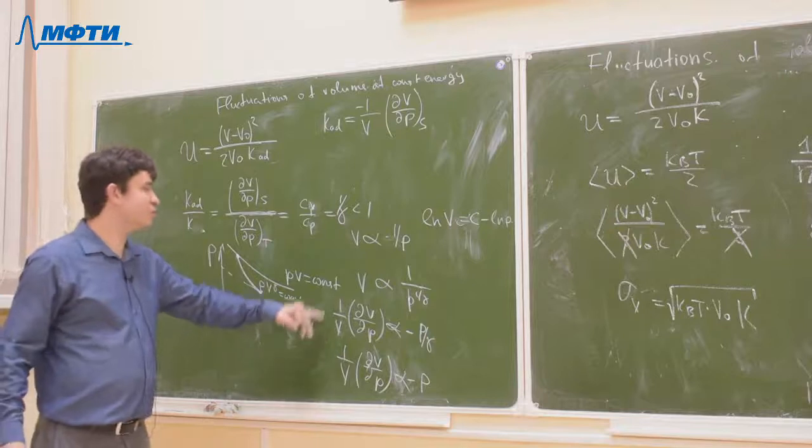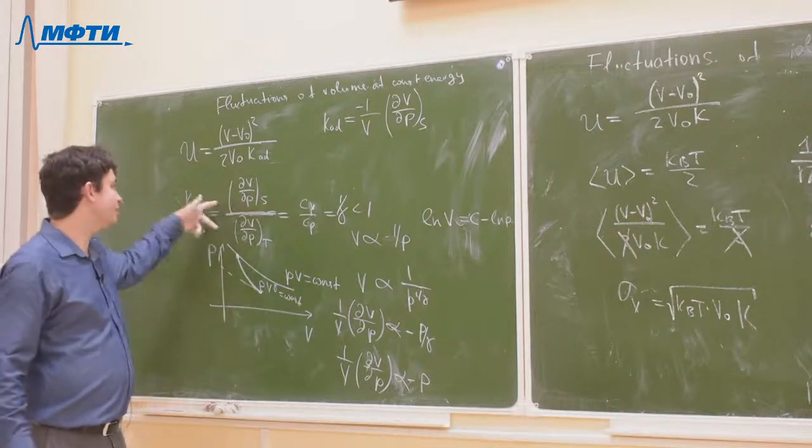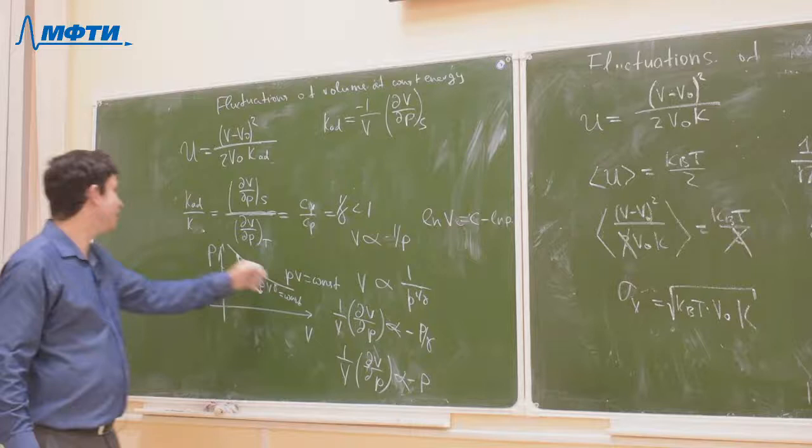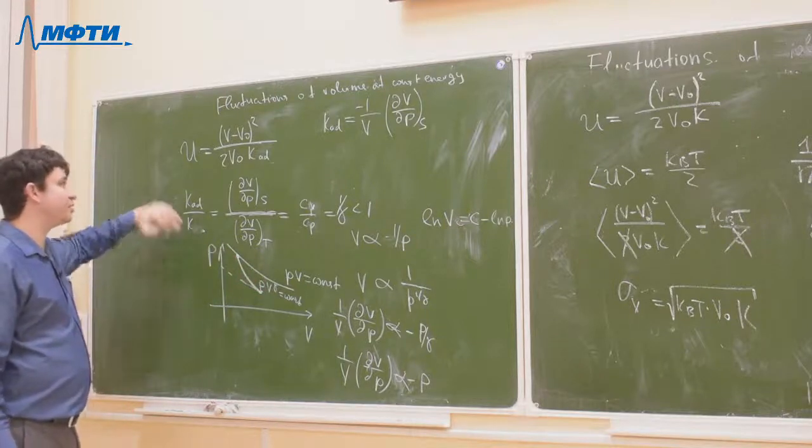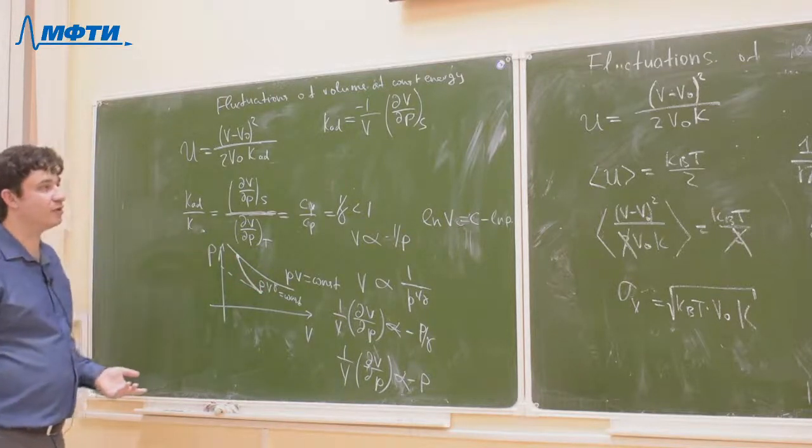So from these two expressions it can be easily seen that this ratio is indeed below 1, and adiabatic compressibility is somewhat lower than isothermal compressibility.